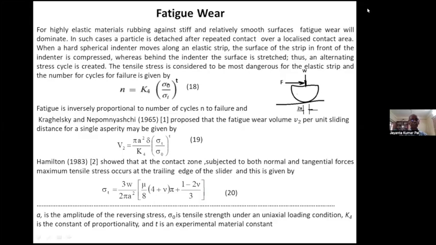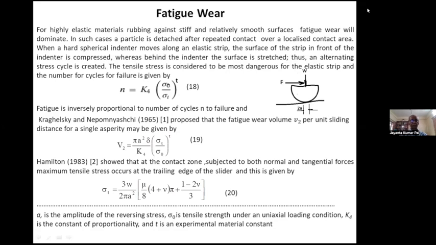That is the 1 by N basically. And pi a squared delta, if you look at the figure, is the wear volume, because a is the contact radius and delta is the deformation.